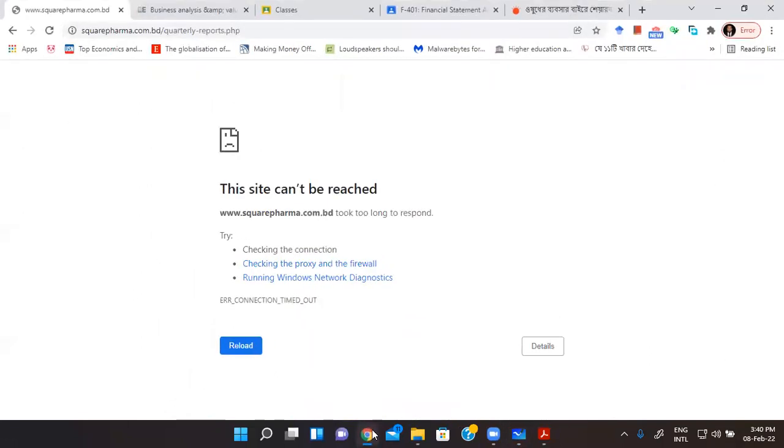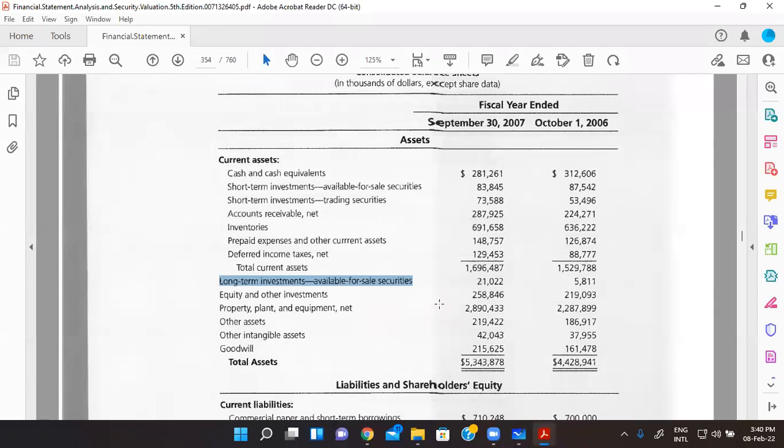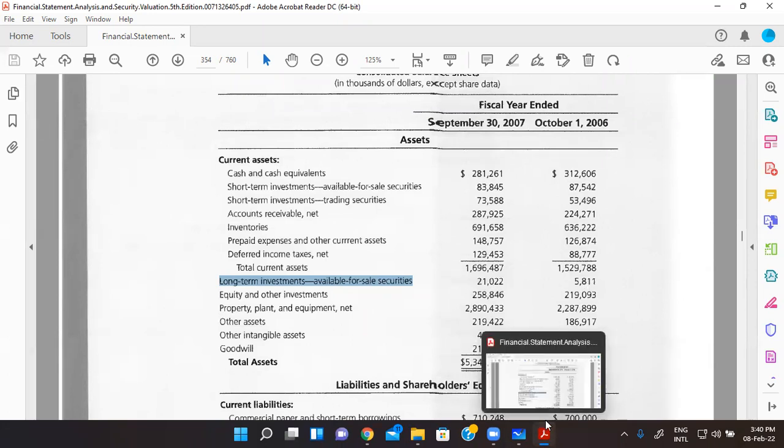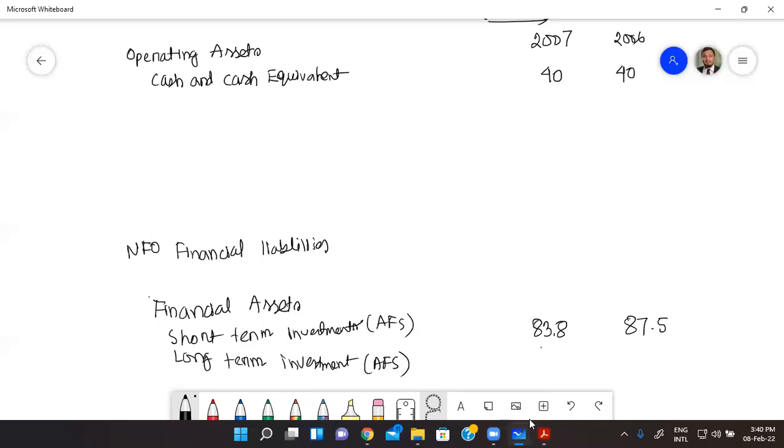You can see that this amount is 21 million in 2007, and 5 million in 2006.